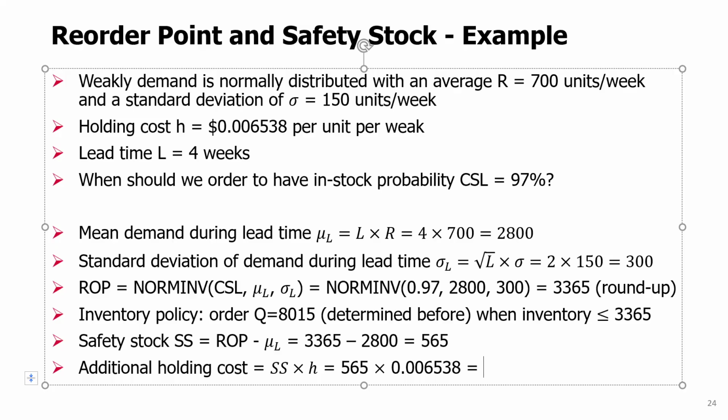So this is going to be an additional $3.69 per week, right? So this completes the analysis of the reorder point and the valuation of the safety stock and its additional cost. So if you recall, before we had an ordering and holding cost of $52.40. Now we have to add additional $3.69 per week due to the safety stock, which will allow us to be in stock, to not have stock out in 97% of all the cycles.